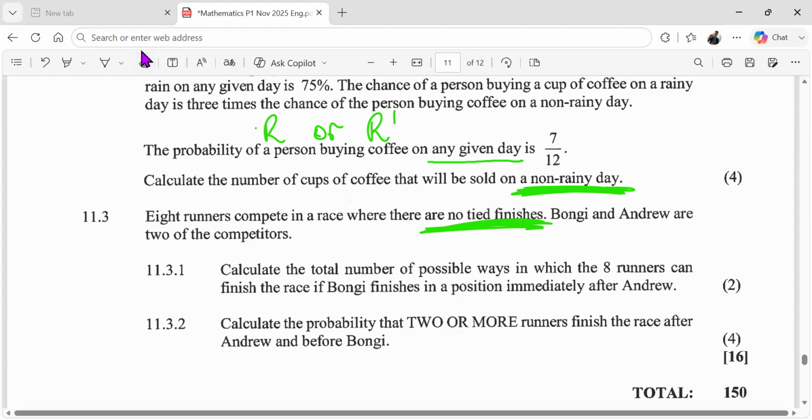Now the first question says, calculate the total number of possible ways in which the 8 runners can finish the race if Bongi finishes in a position immediately after Andrew. Listen to that. Bongi finishes in a position immediately after Andrew.